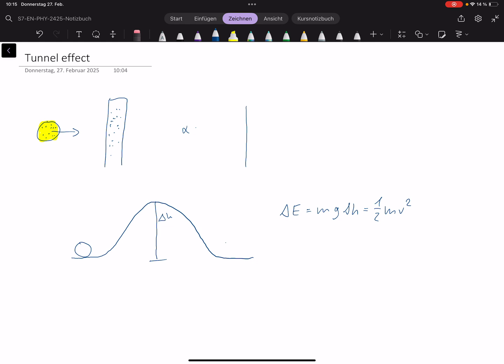It can't pass through because the football and the wall itself consist of many atoms, and between these atoms there are Coulomb forces that repel these atoms, so that's why the football can't get through.